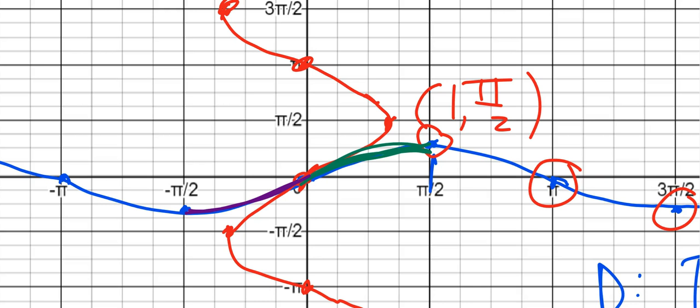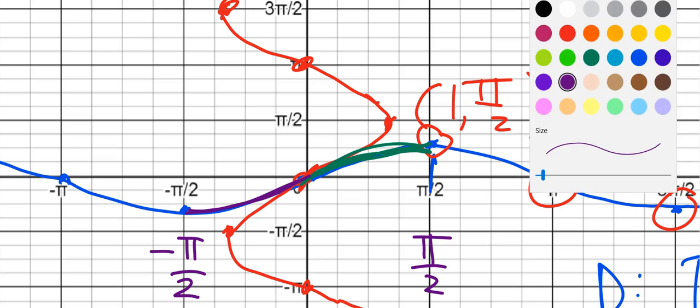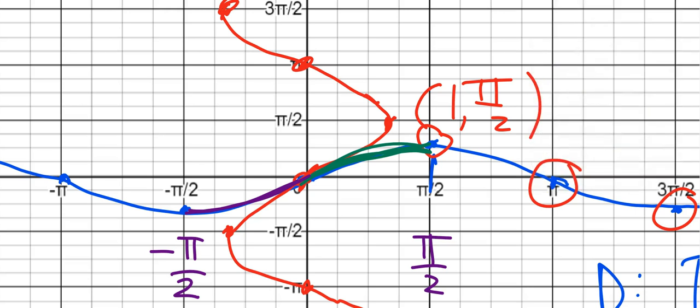So if we restricted it from -π/2 to +π/2, what would the inverse look like? The inverse, and I'll try to draw this in orange, the inverse would be this section right here.